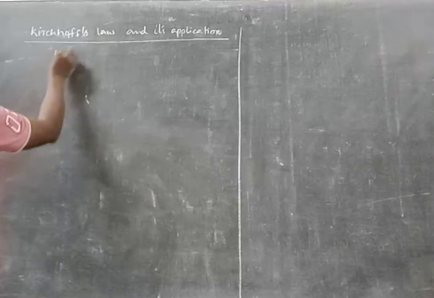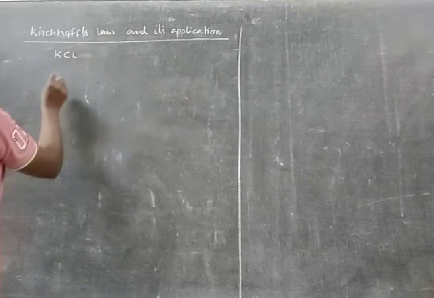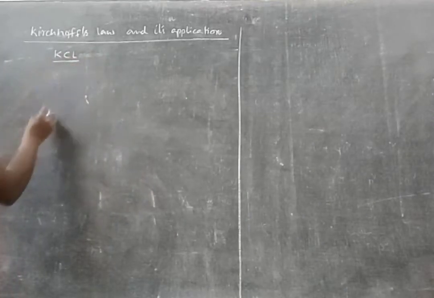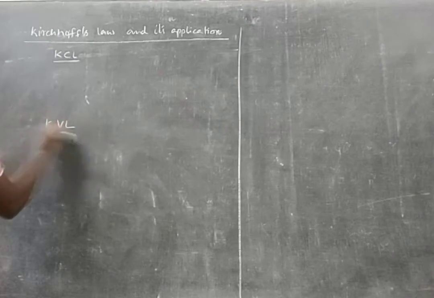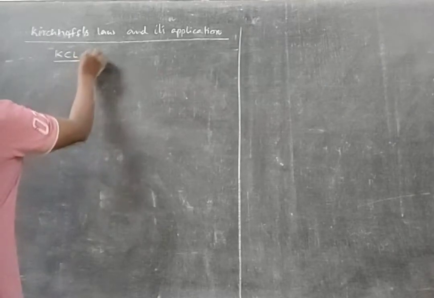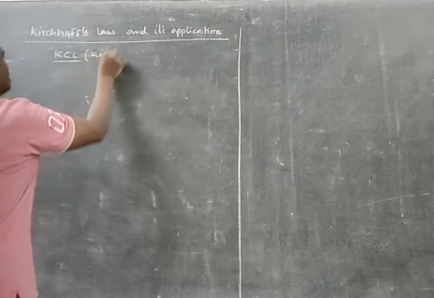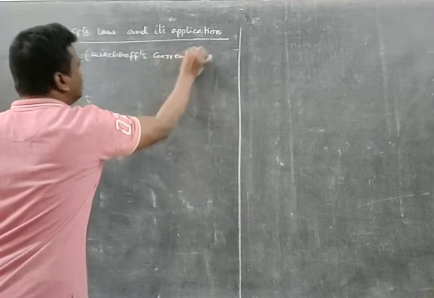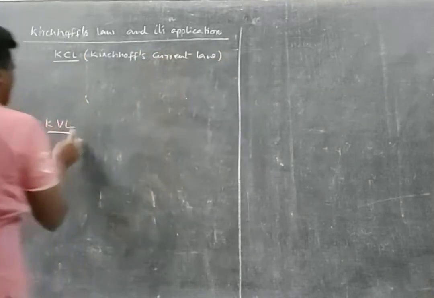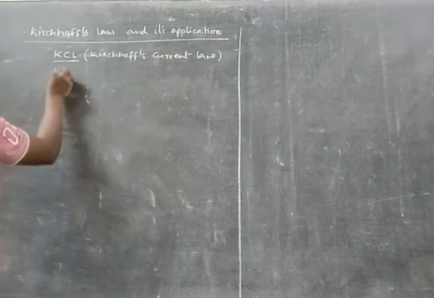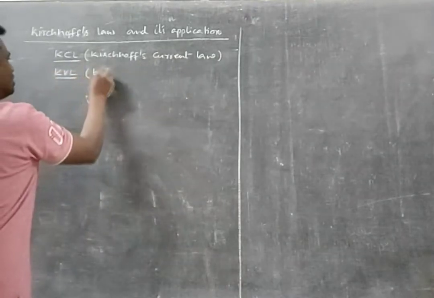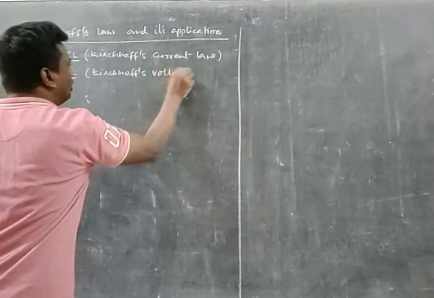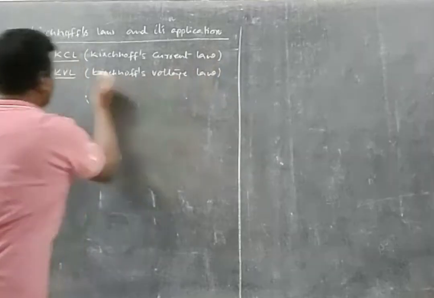The first law is called KCL, and the second law is called KVL. The full form of KCL is Kirchhoff's current law, and the second is KVL, which we call Kirchhoff's voltage law. Fine.